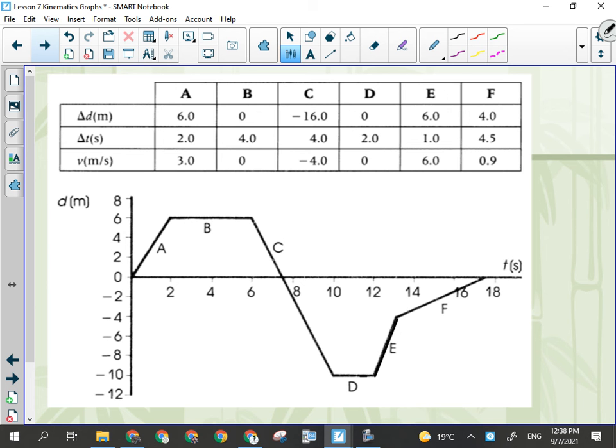E and F. Now this throws people because they see lines that are going up, and up indicates positive in our mind. Except, where is the object? The object is down here in the negatives. It's behind where it was before.